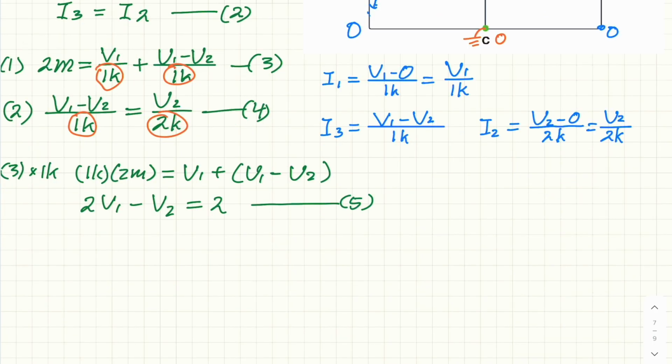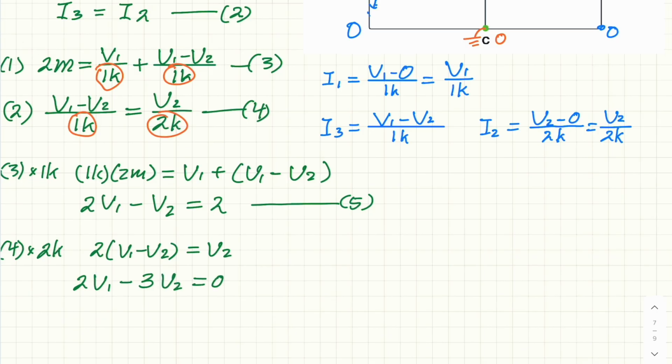Next, we want to simplify equation 4. We multiply equation 4 by 2K this time. So 4 multiplied by 2K, you get 2 times V1 minus V2 equal to V2, and we have 2V1 minus 3V2 equal to 0.